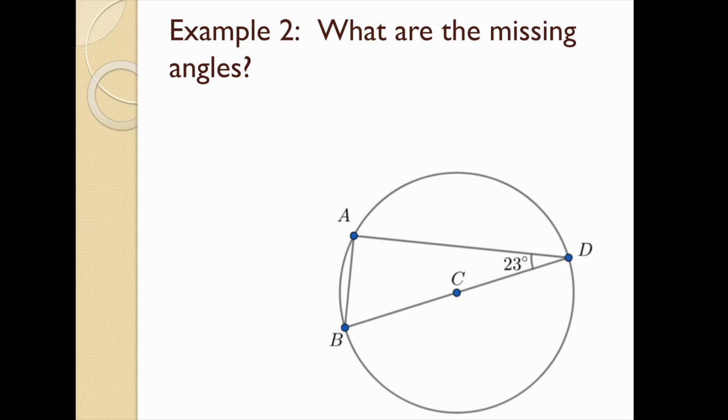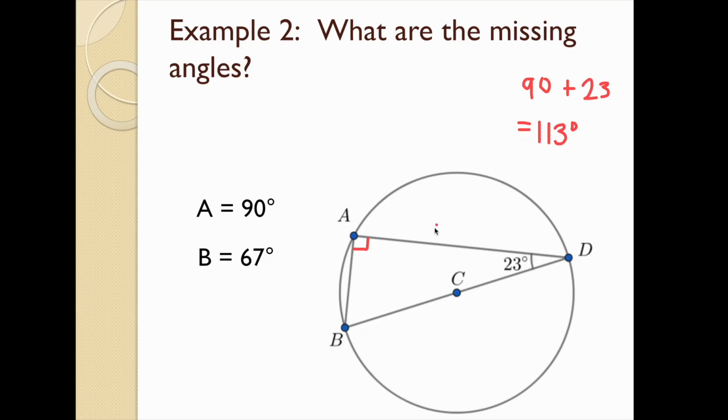It is 90 degrees, right? Correct. So 90 plus 23 is 113, and 180 minus 113, so B is 67 degrees. Lovely. So we know that here is 90 degrees because this angle subtends the diameter. Because it subtends the diameter, it's 90 degrees. We know that all angles of a triangle add up to 180. So A is 90, and now here is going to be 67 because 90 plus 23 is equal to 113.